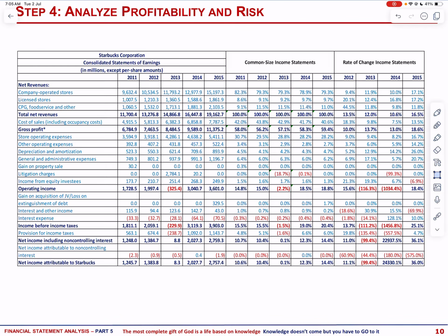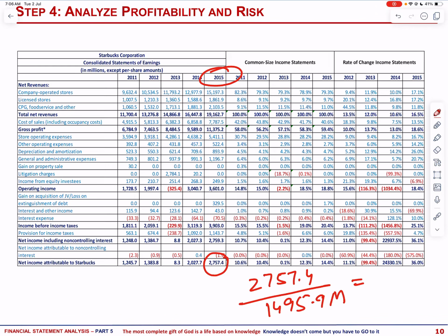in the year 2015, Starbucks reported a net income of 2757.4 million. So the net income was 2757.4 million, and this will be divided by the number of shares, that is 1495.9 million shares.